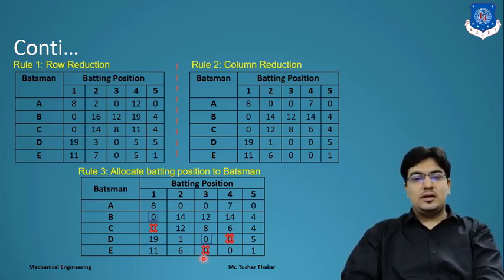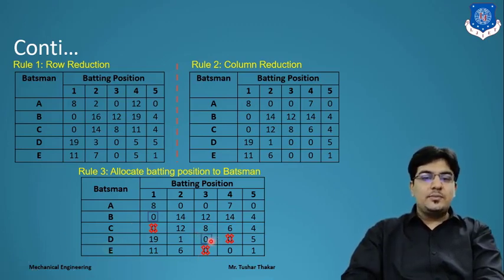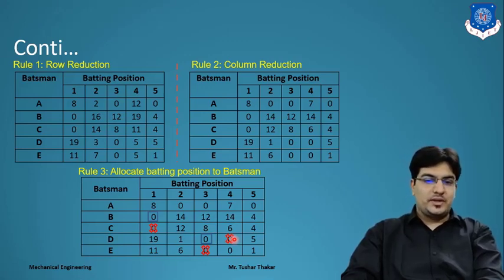Because one batsman goes to only one position, he never goes to the other positions. Like at point D, the batsman goes only to position 3. Same on position 4, that is not possible, right?